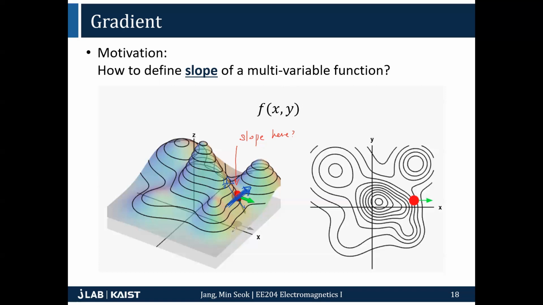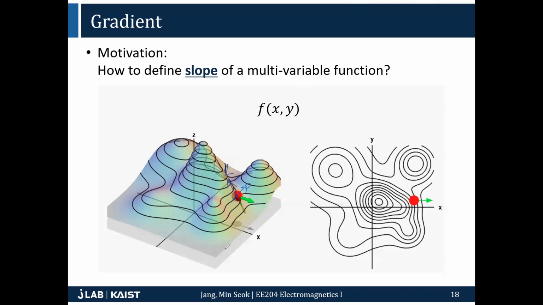So in other words, in order to define a slope for a multidimensional function, you need to either define the direction first, or your slope must also be multidimensional. Like if somebody asks you what the slope is, you can tell them: if you go this direction, the slope is 0. If you go that direction, the slope is 1.